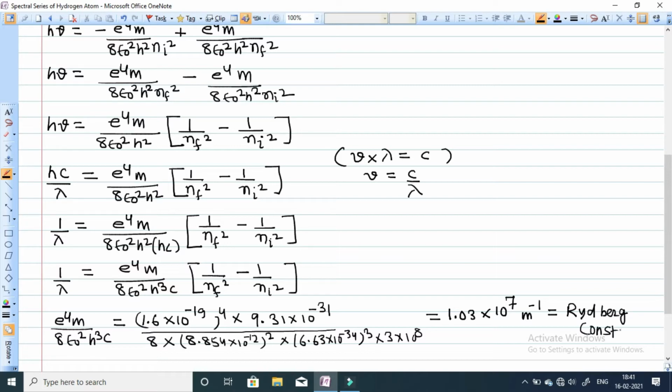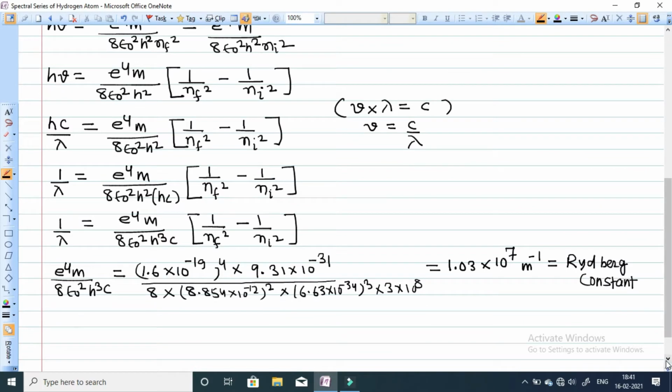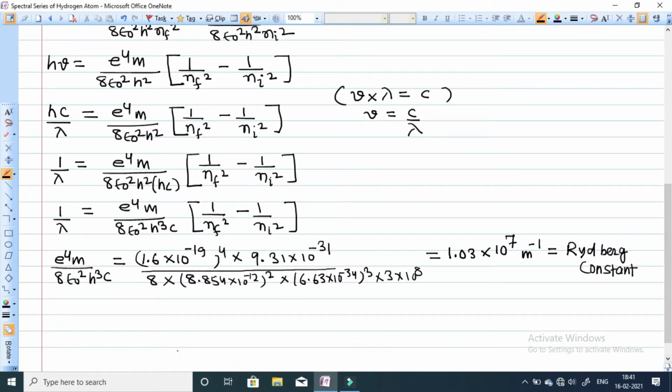So now this equation will reduce to, when we replace this value e to the power 4 into m divided by 8 into epsilon naught square h cube into c by R, then 1 upon lambda will be equal to R, where R is your Rydberg constant, into 1 upon n final square minus 1 upon n initial square.